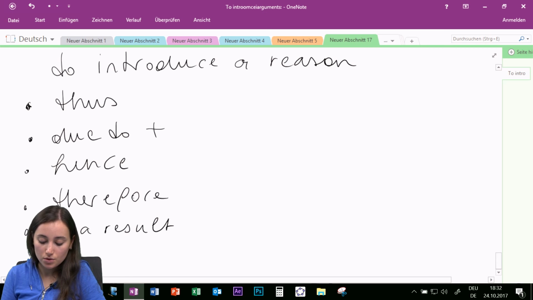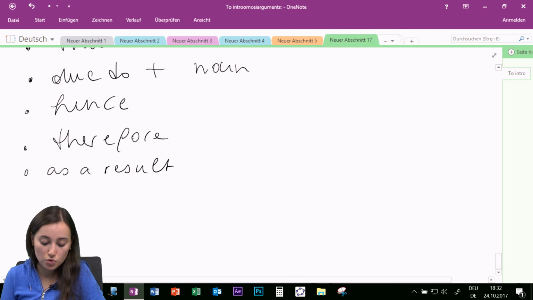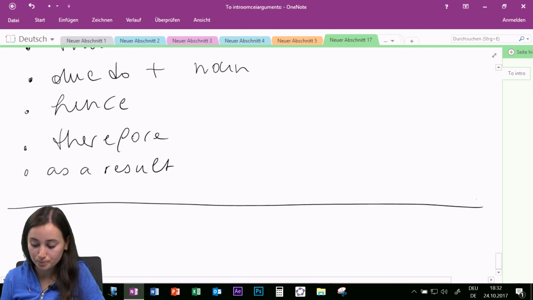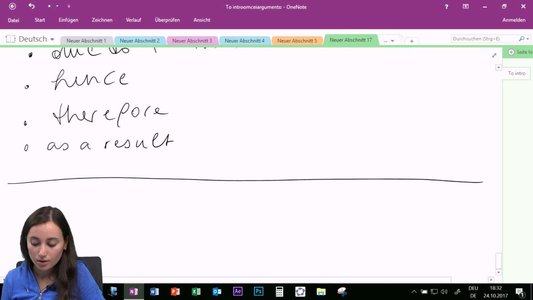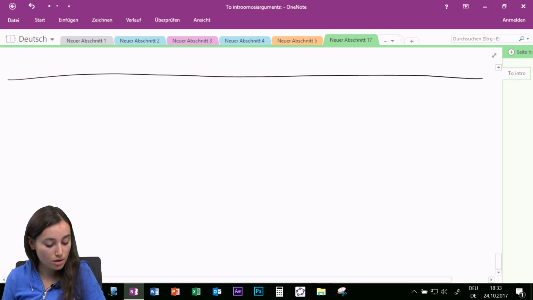And due to is always with a noun. For example, due to the pollution, due to the rain, due to the traffic jam, and so on. So it's always with the noun phrase.